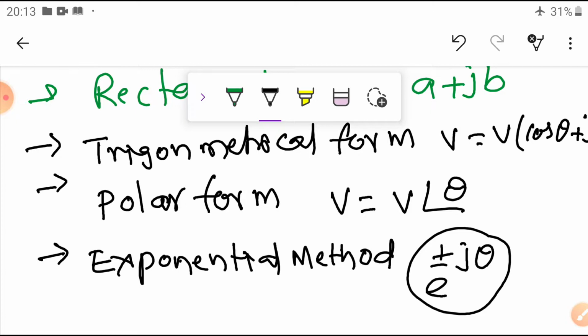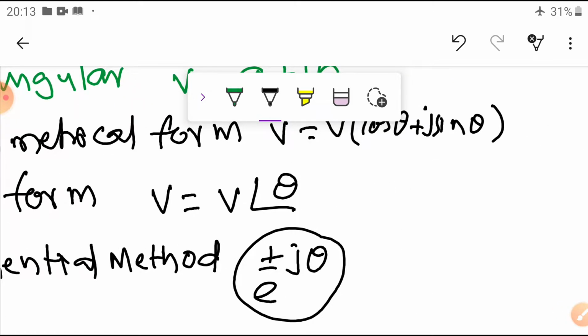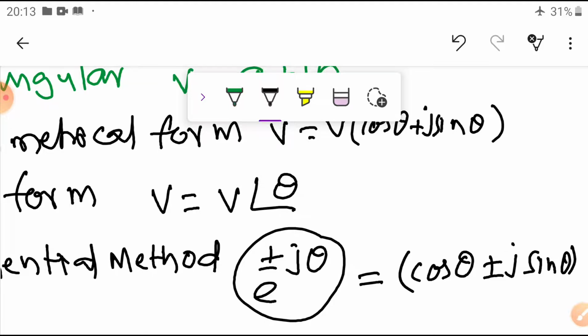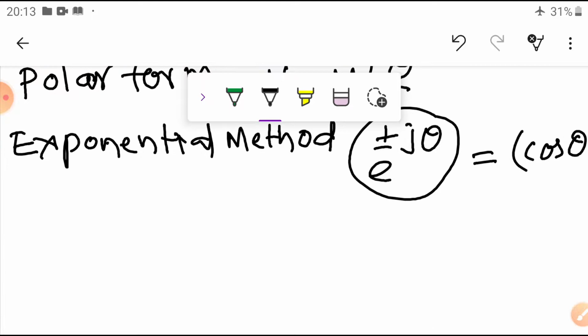This equation is nothing but cos theta plus or minus j into sin theta. Last class we discussed all these things. At the same time, we have seen some addition and subtraction of given AC quantities.